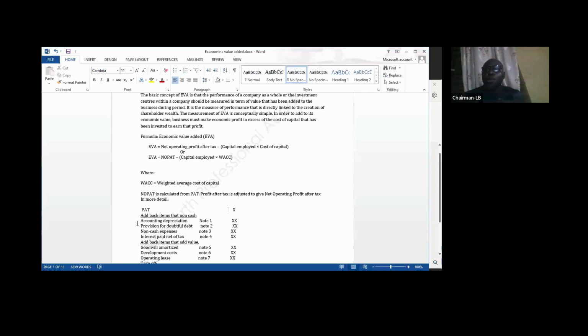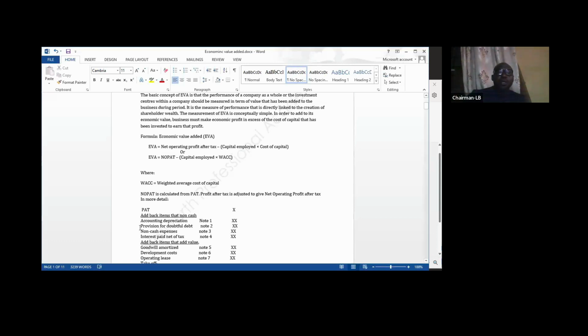If you compute depreciation annually, the company has gotten a non-current asset, maybe plant. You now calculate depreciation. That depreciation is an accounting convention. You are going to add back accounting depreciation.